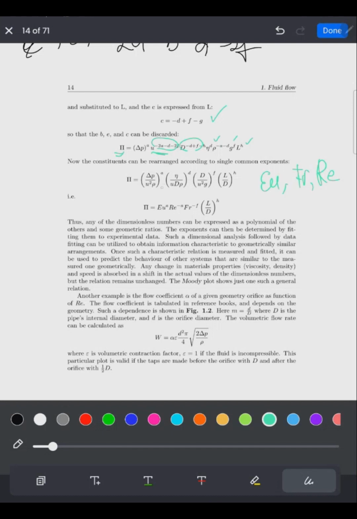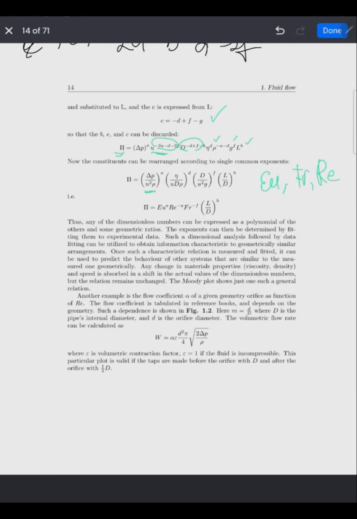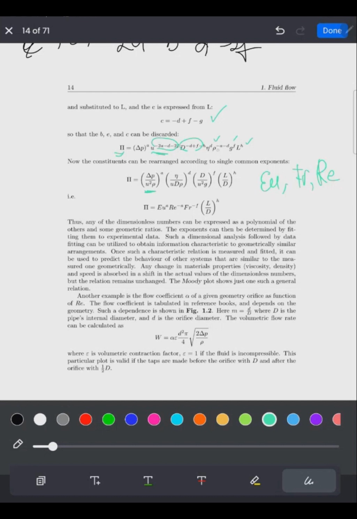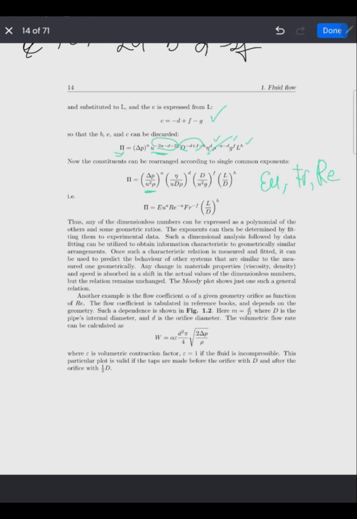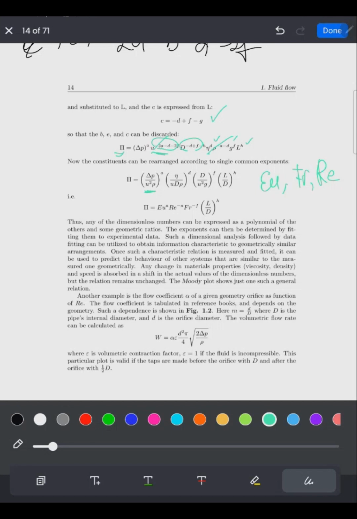And the last one will be time, T: minus 2A, minus B, minus D, and minus 2F.